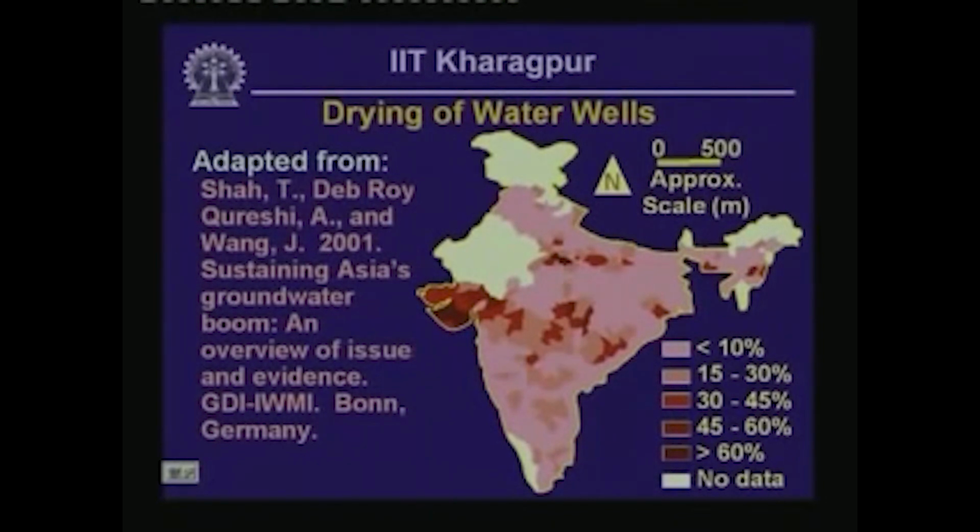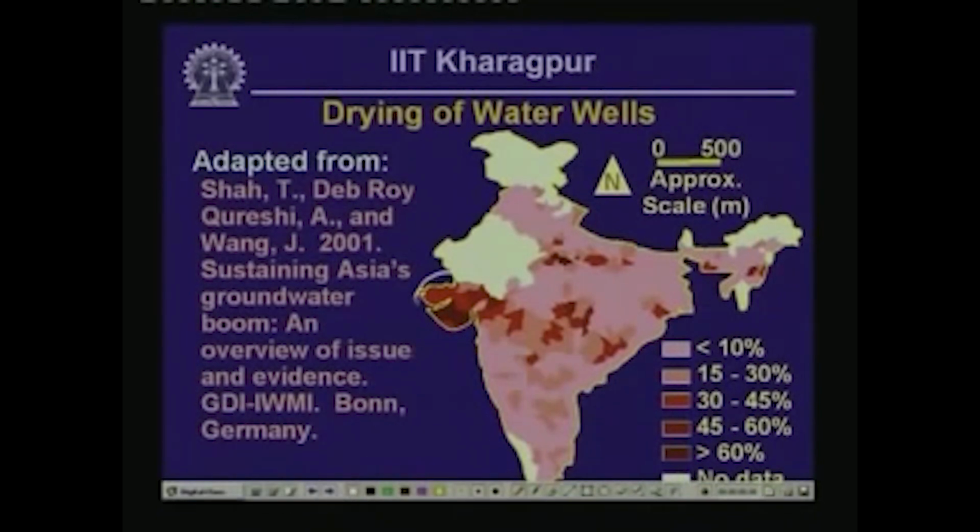But areas such as the western part of the state of Gujarat, some areas in the central part of India, western UP, as well as the northeastern states, groundwater has been used to such an extent that over 60% of water wells have gone dry in recent years.